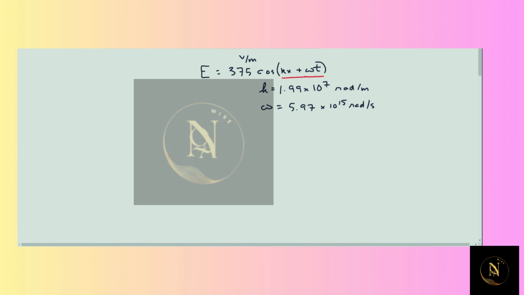If that sign is the same, then the wave is traveling in the negative direction given by the space component. So in this case, we see we are traveling in the negative x direction.